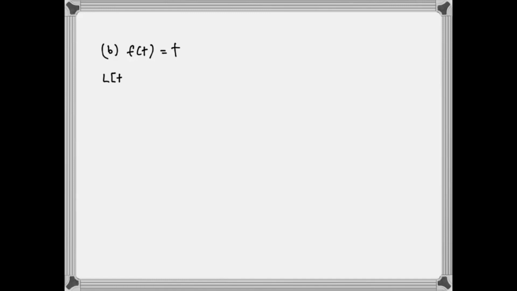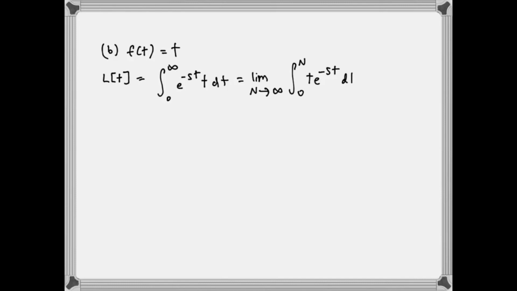So the Laplace transform of t is going to be the integral from 0 to infinity of e to the negative st times t dt, which, as we know, if I want to write that using limits, it looks like this. Okay. Let me go ahead and figure out what this integral is.